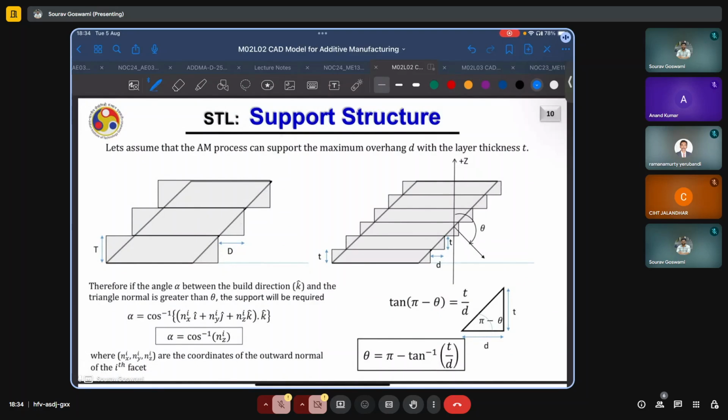So on the right hand side, we have a staircase-like feature of layer thickness T, and because of this, the overhang which will be generated is small d. We see that here the feature which is being tried to be represented has a downwards facing normal vector which forms an angle theta with the build direction or the vertical z direction. Important to know that this theta is with the build direction.